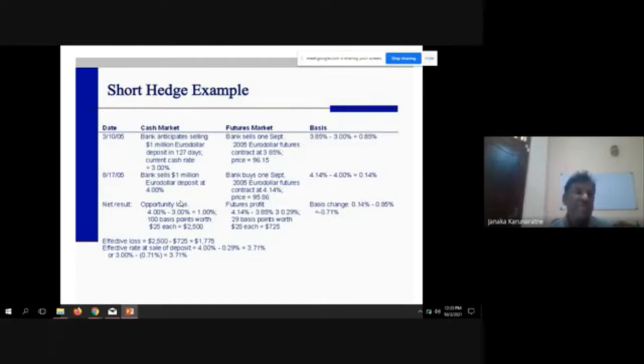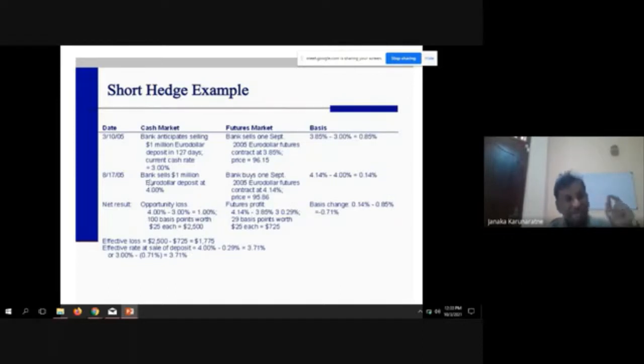Now interest rates have gone up. If I had issued this deposit in March, I would have issued it at only 3%. But now I have to pay 4%. So because of the time factor, I lose 1%.